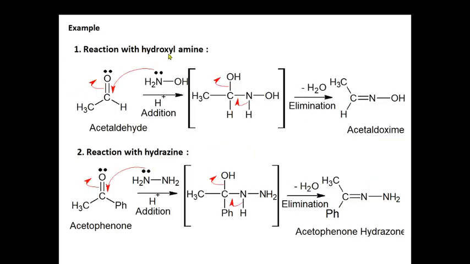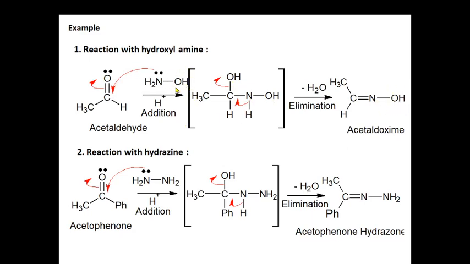Okay, now let's see all these derivatives in detail. First, the reaction with hydroxylamine. The structure of hydroxylamine is NH2OH. The nitrogen has a nucleophilic lone pair which attacks the carbonyl. You get this intermediate, which further undergoes dehydration to form C=N, and this nitrogen is now attached to a hydroxyl group.